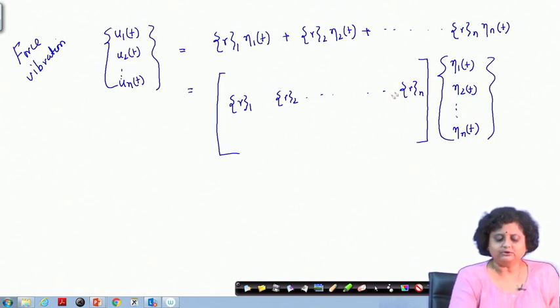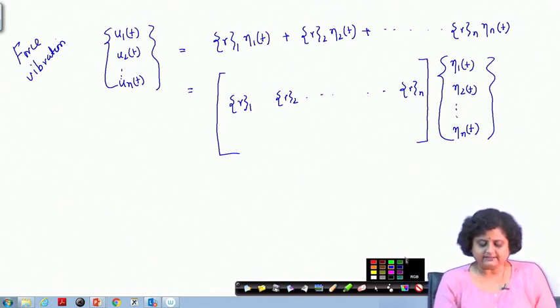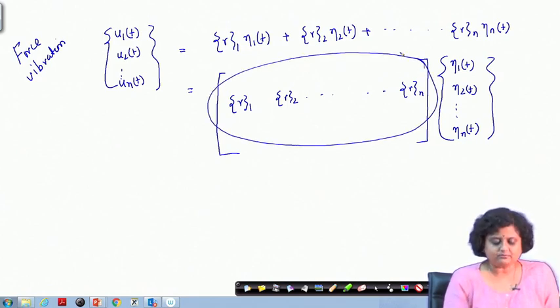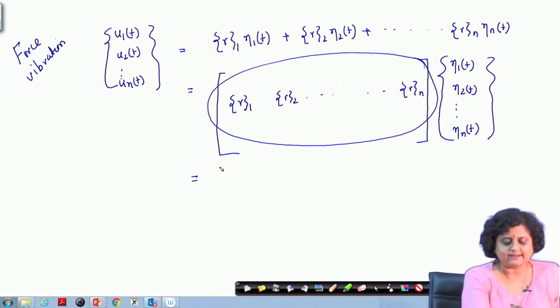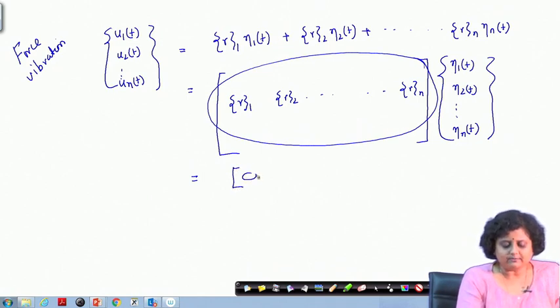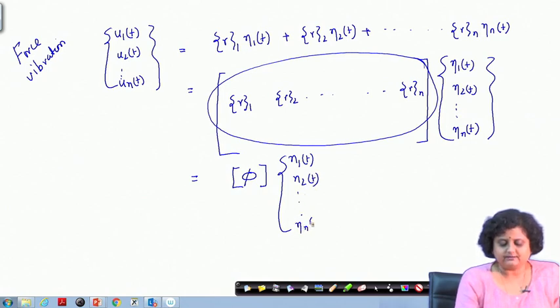By now you know that this matrix is nothing but the modal matrix. So, I can write that my degrees of freedom u1, u2, till un t is my modal matrix phi into eta 1 t, eta 2 t up to eta n t.